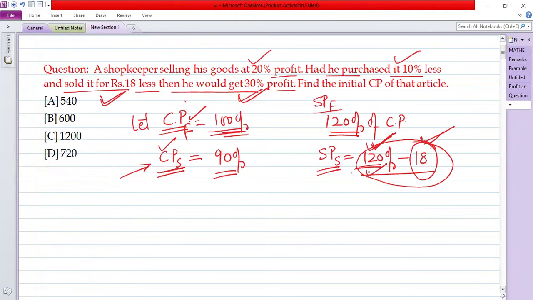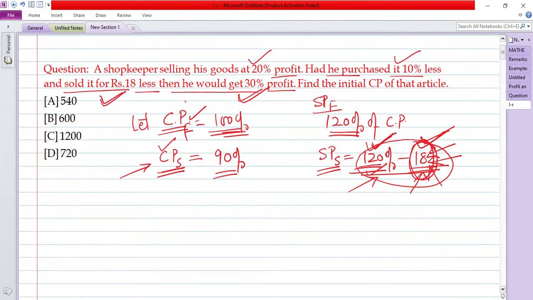For that, both should be in percentage or both should be in number. It is not possible to convert this 18 into percentage, because we don't know what it is a percentage of.